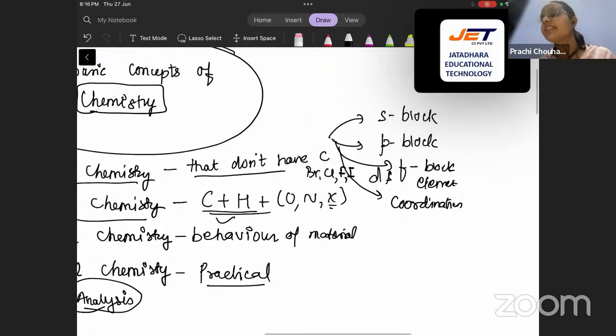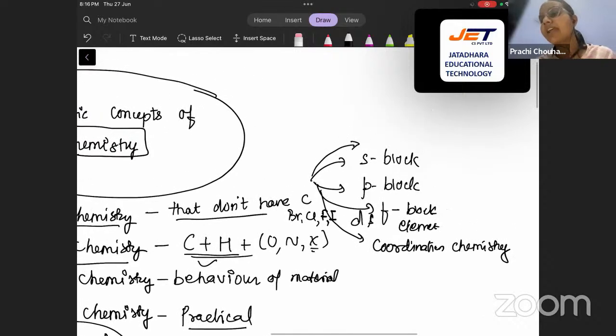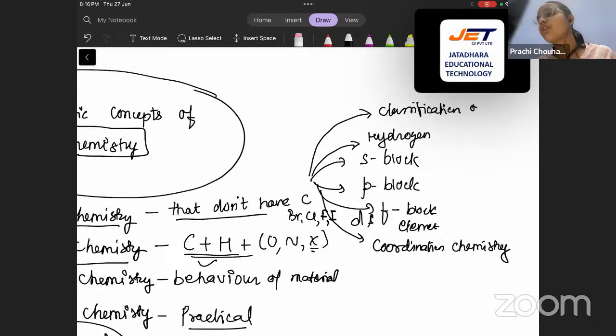These are the chapters that we will see in inorganic chemistry along with hydrogen. And the first chapter that we will see is classification of elements and periodicity.